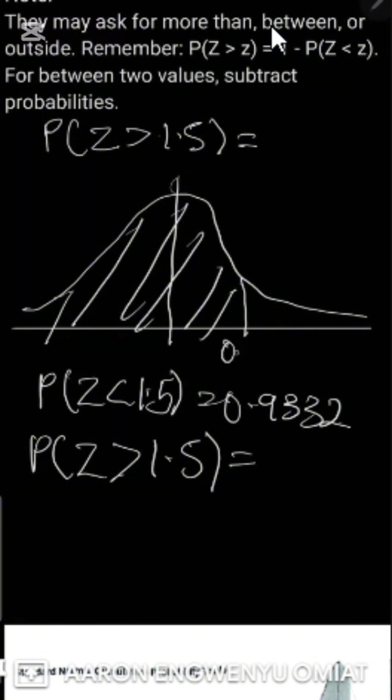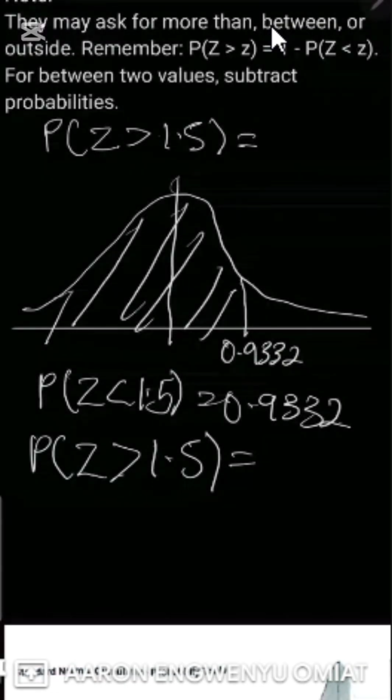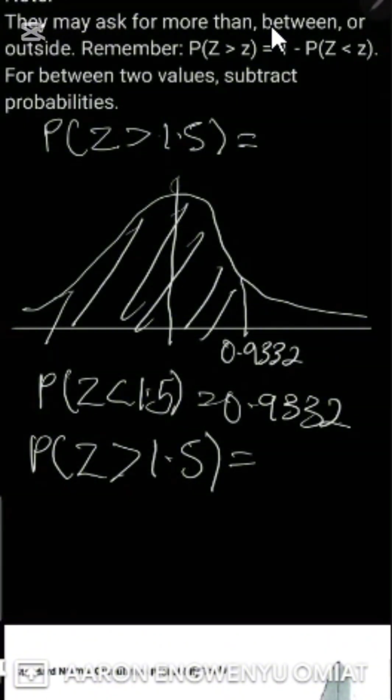Yes, we are supposed to put there 0.9332 because those are probabilities. No, this is the Z score. My idea is, I think we put there that it's equal to 1 minus probability of Z less than 1.5.